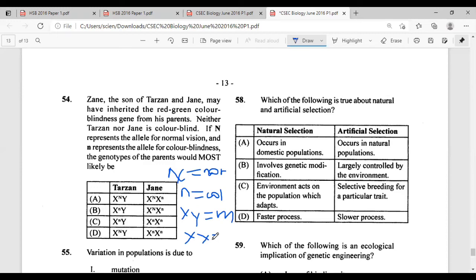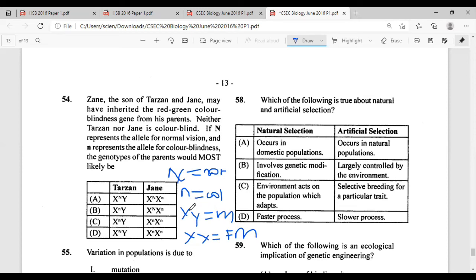I'm going to put FM for female, right? So F, M. So now they are carriers of the gene. So color blindness is a disease that is normally shown in males.